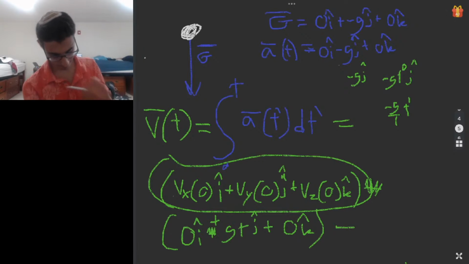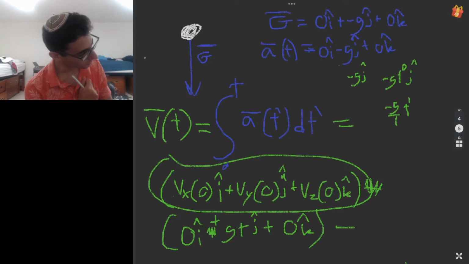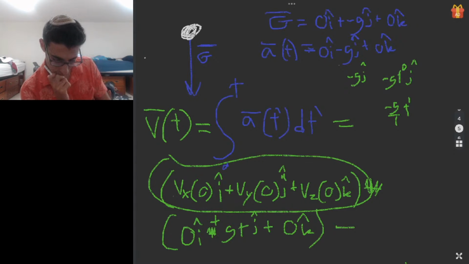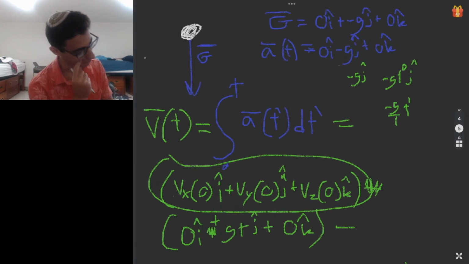Because again, this doesn't work. I must have copied the notes down wrong, because we're trying to get the change in velocity from time 0 to time t. Yeah, no. Something is very wrong with how I'm doing this.